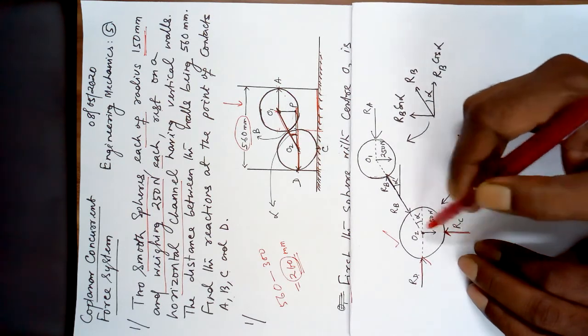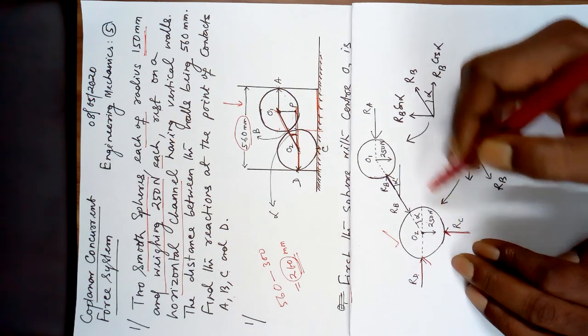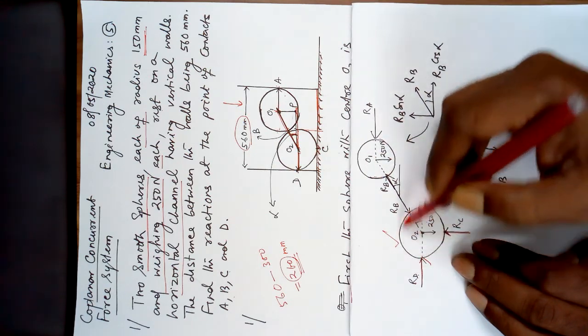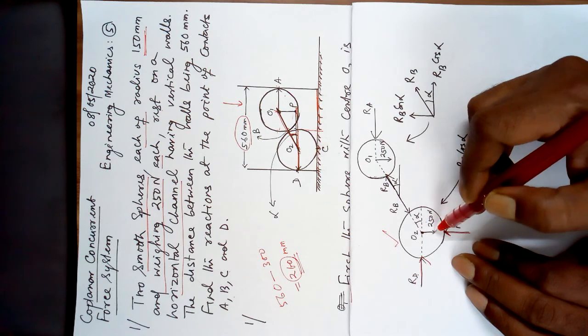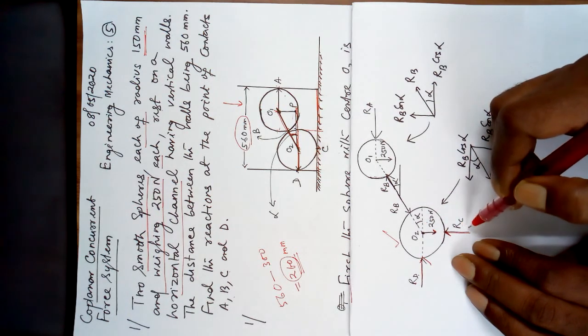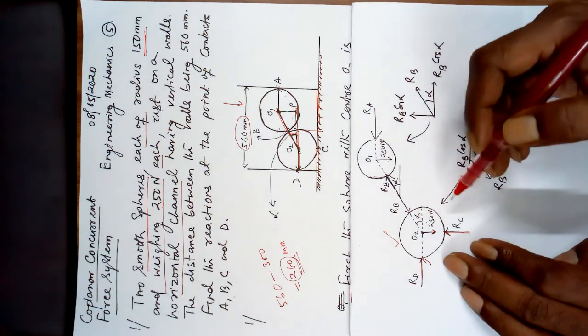Now, the action force is not 250. Had this sphere been all alone, then this 250 Newton would have been downward and the reaction would have been 250. But this is not 250. Why? I will explain to you.